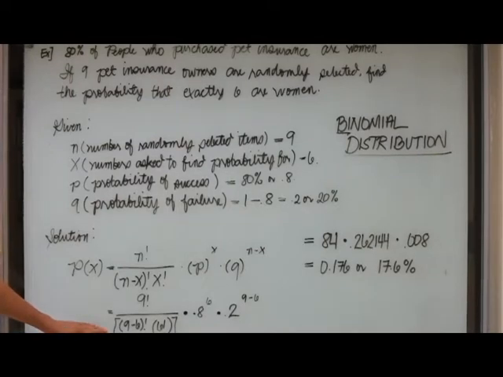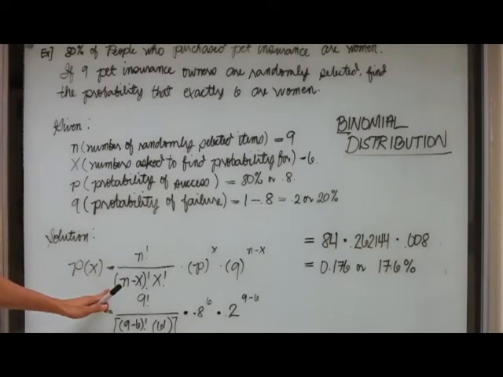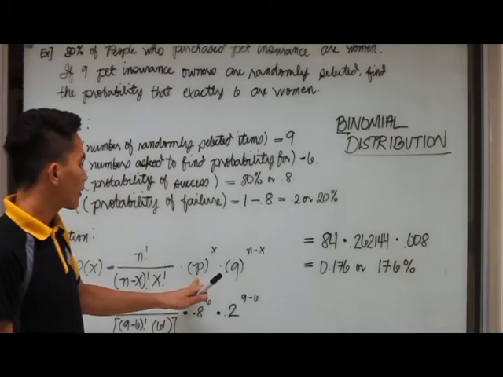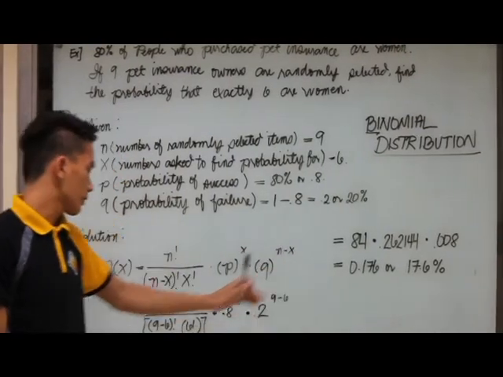Then use the formula here and substitute the variables. We will get this. P of x is equal to n factorial over n minus x factorial times x factorial, times p raised to x, times q raised to n minus x.